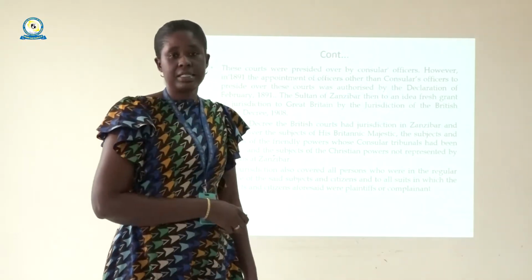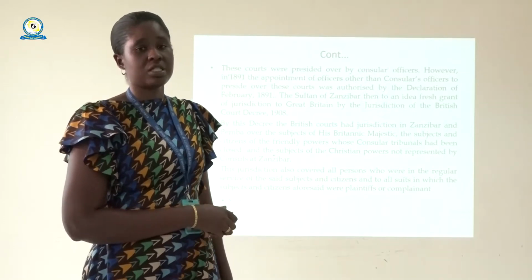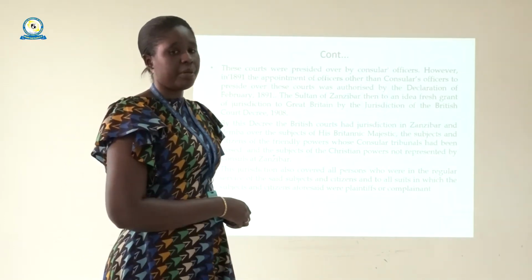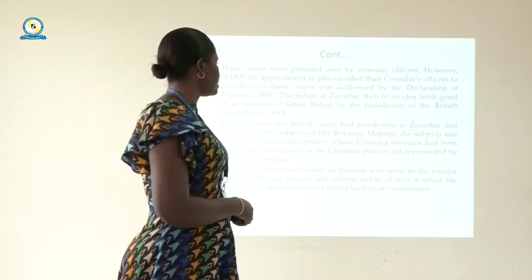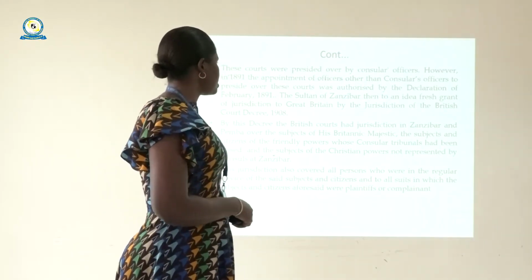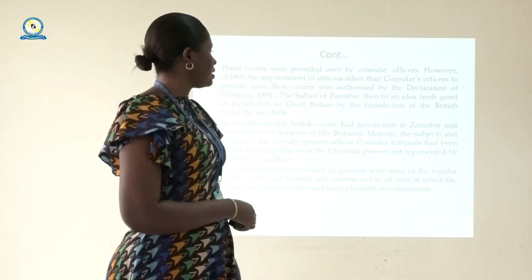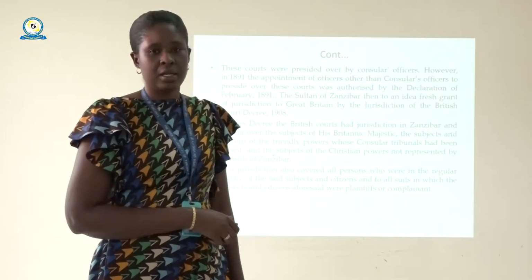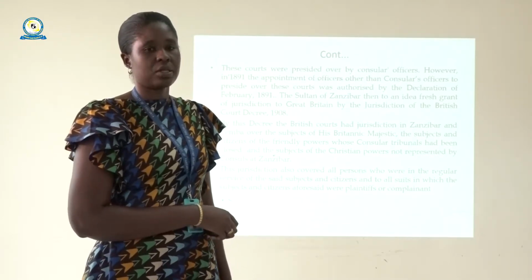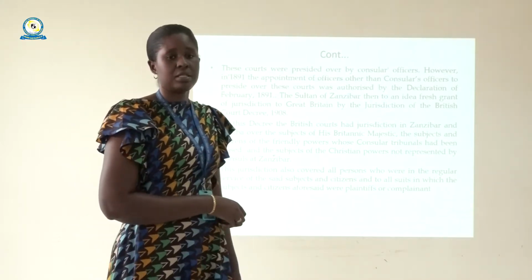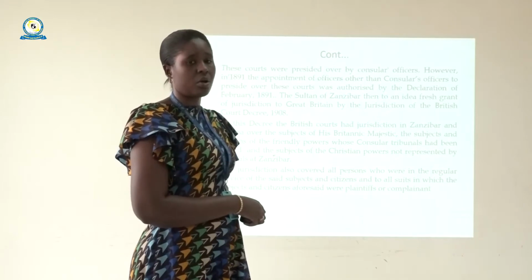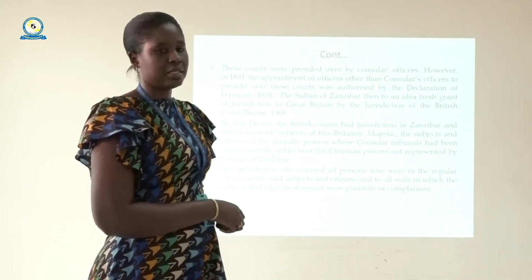By this decree, British courts had jurisdiction in Zanzibar and Pemba over subjects of His Britannic Majesty, and the subjects and citizens of friendly powers whose consular tribunals had been closed, and of the Christian powers not represented by consuls at Zanzibar.